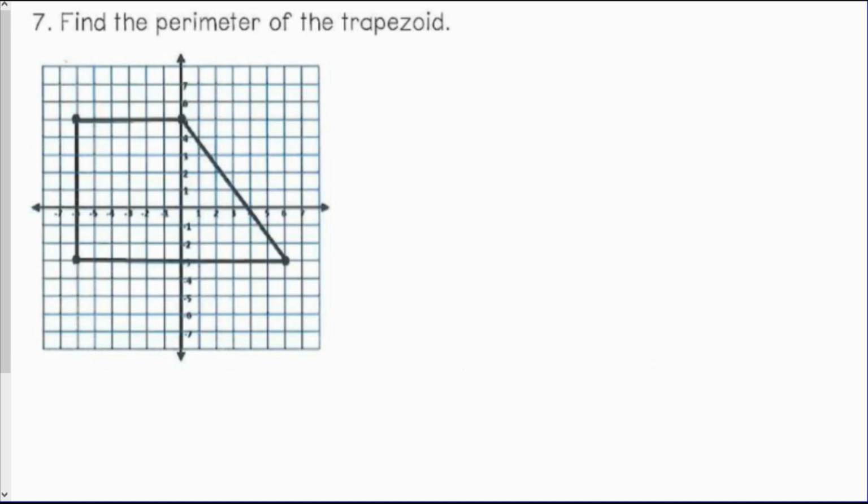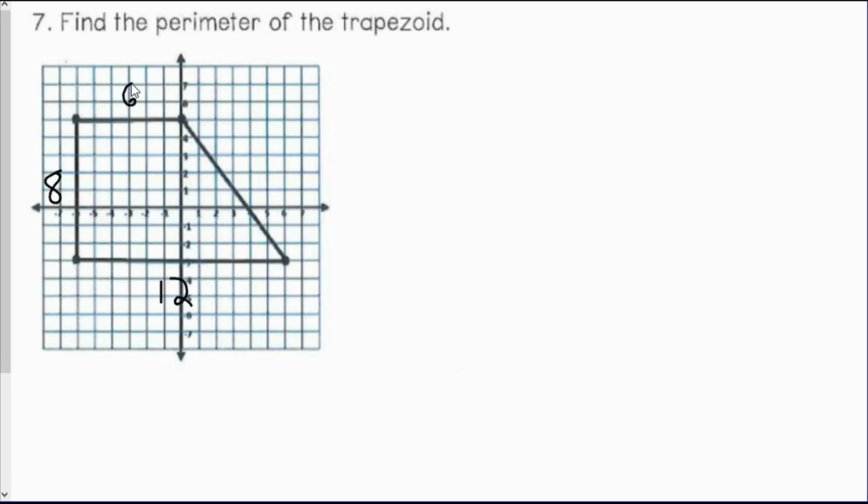Looking at number 7, find the perimeter of the trapezoid. Notice I have a few horizontal and vertical distances, and then I have a diagonal distance. My horizontal and vertical distances I can easily find. Doing that will give me a top length of 6, a vertical length of 8, and then my bottom horizontal length of 12.